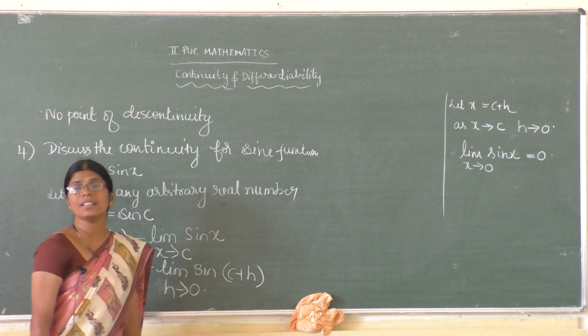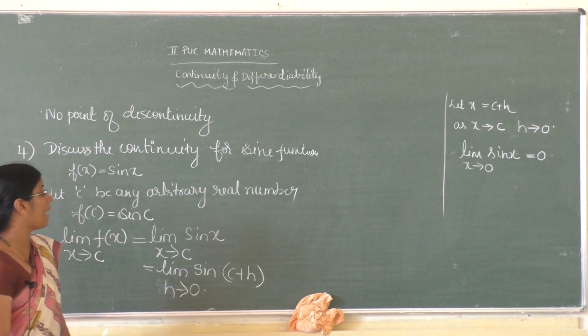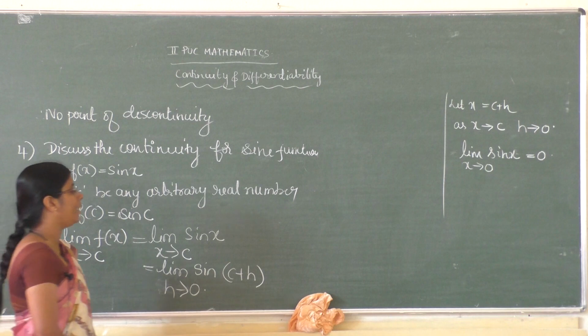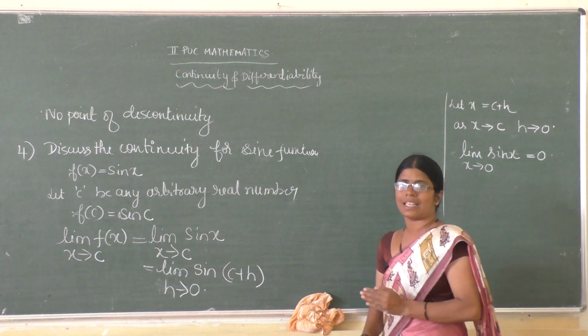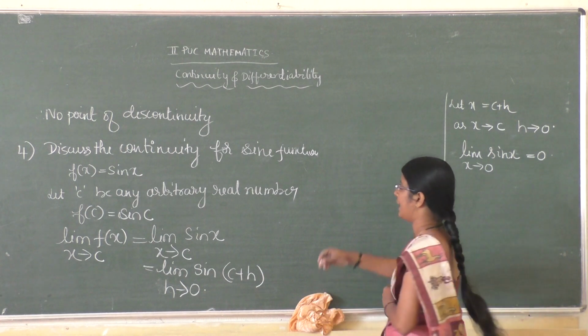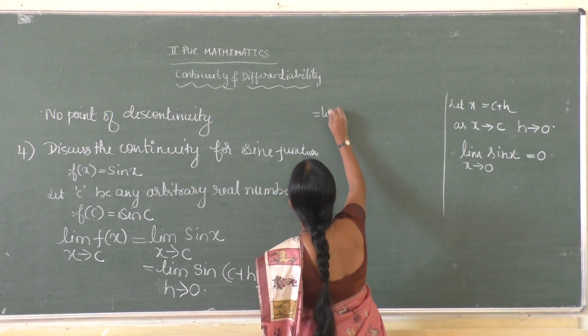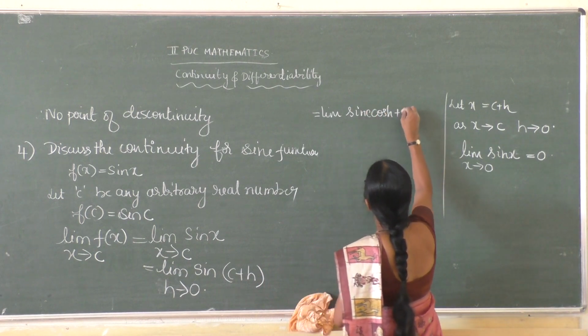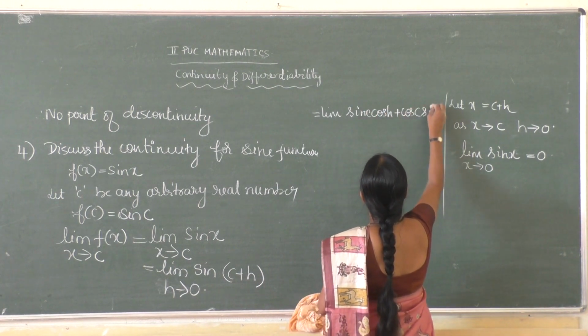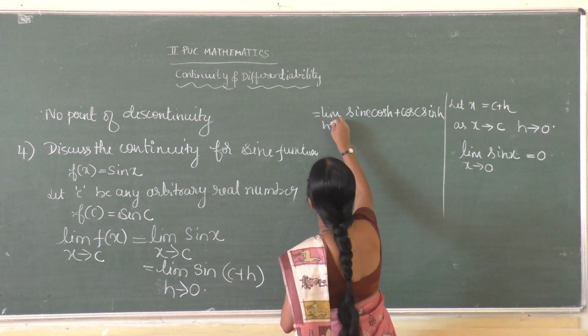Now for this sin(c plus h), we apply the addition formula: sin(c plus h) is sin c cos h plus cos c sin h. So that equals the limit of sin c cos h plus cos c sin h as h tends to 0.